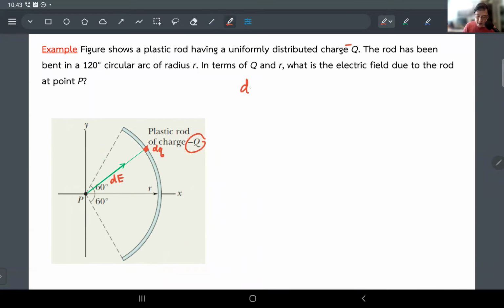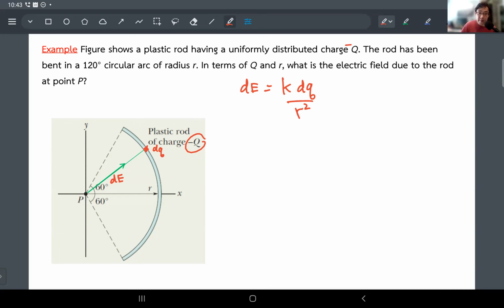So my dE is going to be k, the charge generating the field is dq, over the distance from the origin to the arc, which is R squared.